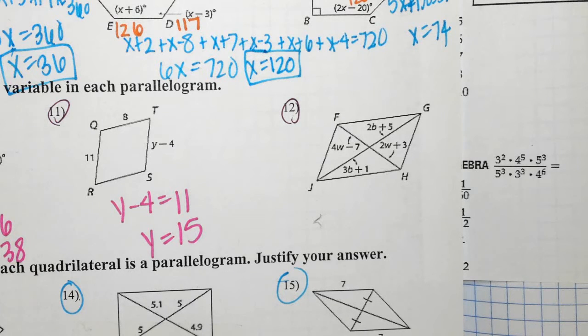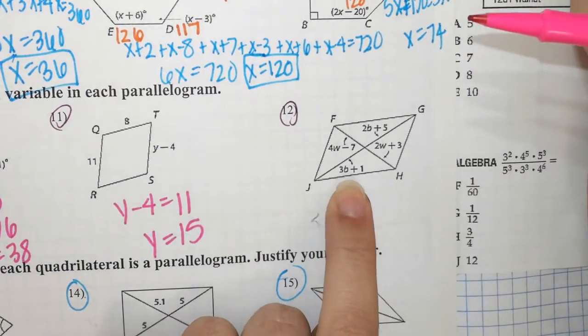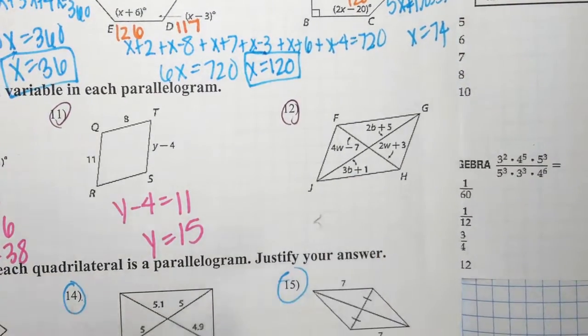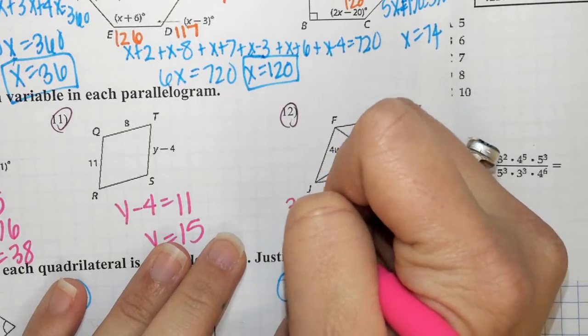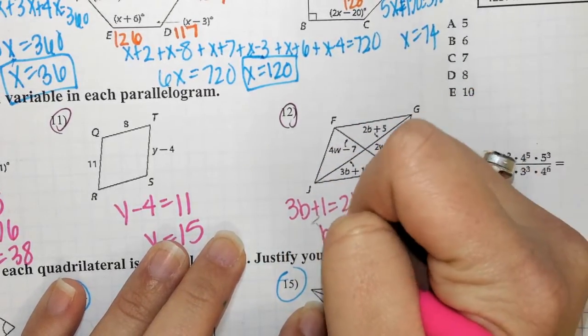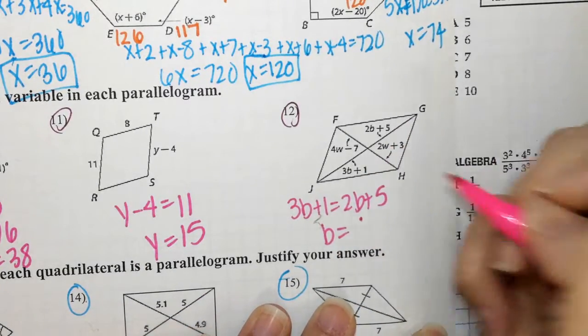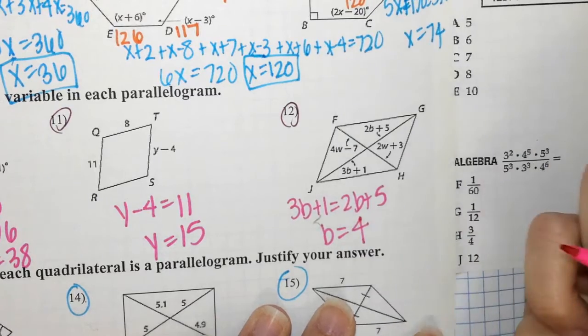Take a point. They do cross each other, but it's more specific. So what would we do with 3b plus 1? Look at you go. Take a point. So B equals 4. There we go.